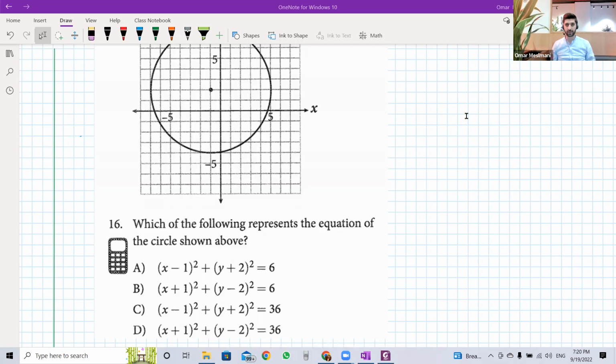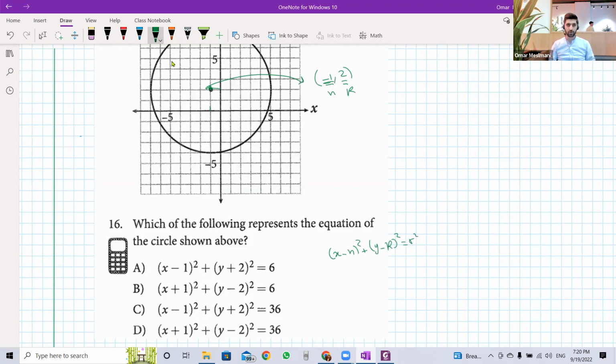First of all, I have to find the value of the center, okay? Where is the center? The center is this point. As I can see, the center has a coordinate of negative 1 on X and 2 on Y. So this is the value of H and this is the value of K. Don't forget that all of the options, from A to D, use the standard form: X minus H square plus Y minus K square equals R square.